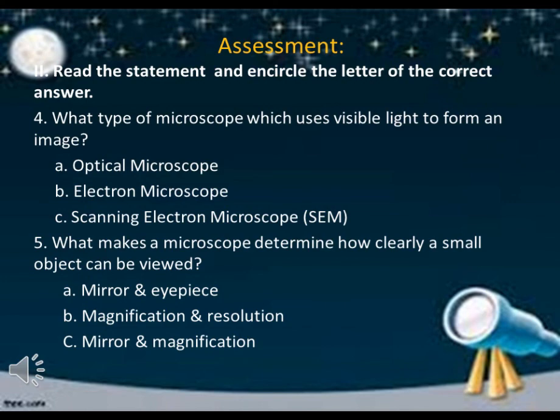B. Electron microscope. C. Scanning electron microscope or the SEM. 5. What makes a microscope determine how clearly a small object can be viewed? A. Mirror and eyepiece. B. Magnification and resolution. C. Mirror and magnification.